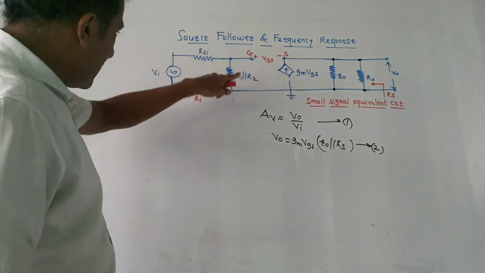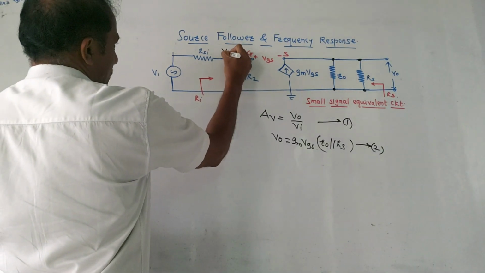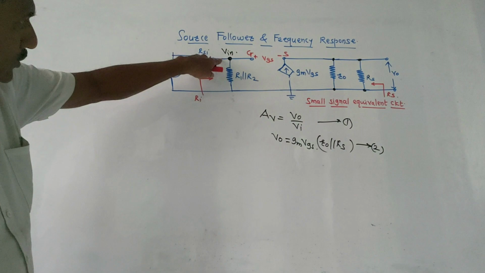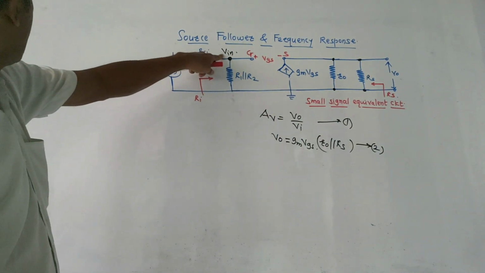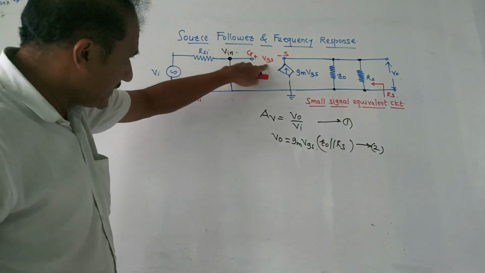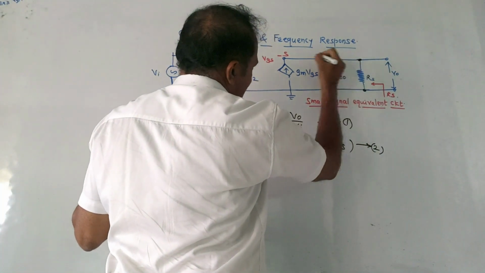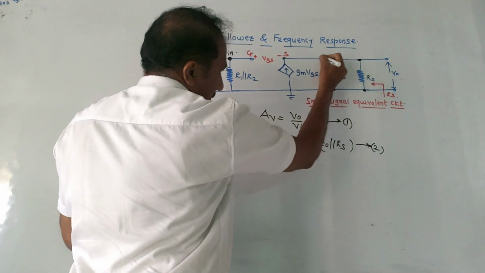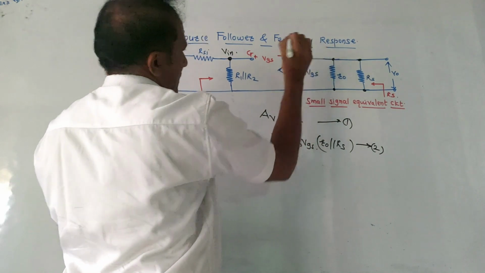Now I can refer to this diagram. Here I will use some notation. Let us say this voltage is V in. This voltage is only the voltage Vi. So this is VGS, and up to here it is V0, meaning these are the same points. So at every point the voltage is V0.